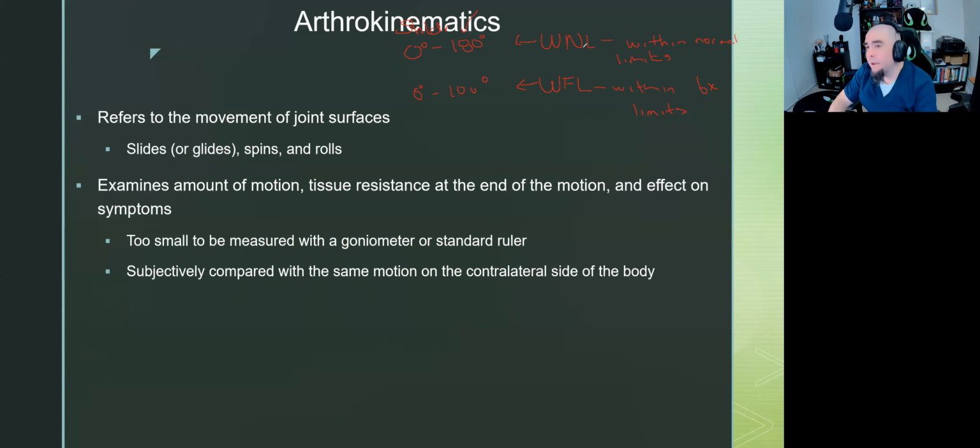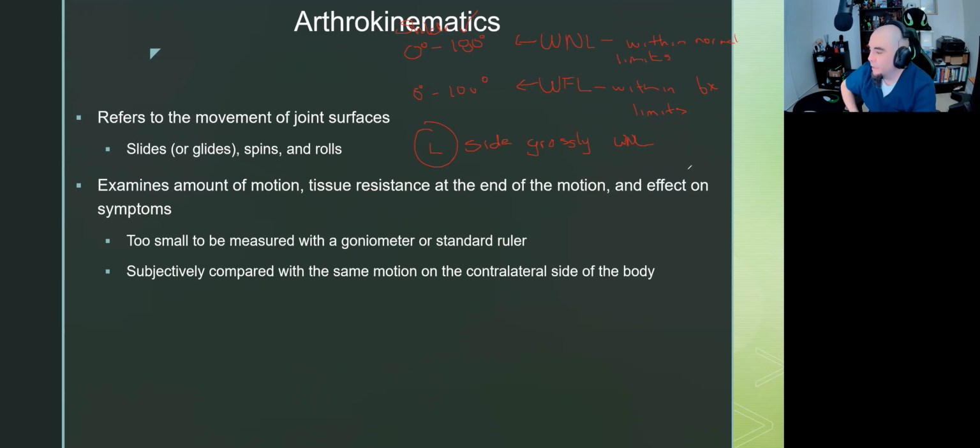Sometimes we'll talk about both of those. A lot of times you'll see in the chart, let's say my right side is my affected side, it'll just say left side grossly within normal limits. If you saw that in the chart, what would be a good assumption?